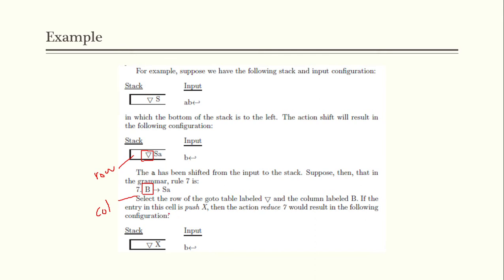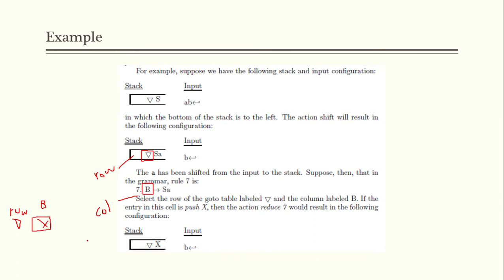If the entry in the cell is push X, then the action reduce 7 would result in the following configurations. So what does it mean here? In your goto table row, let's say this is your row, have this triangle, and then your column contains B. The one in this cell is X, for example.